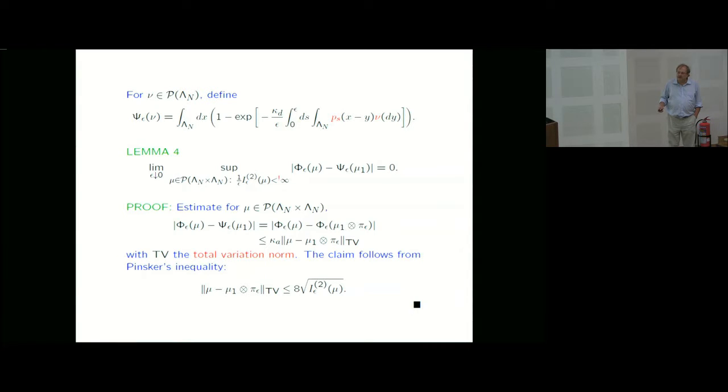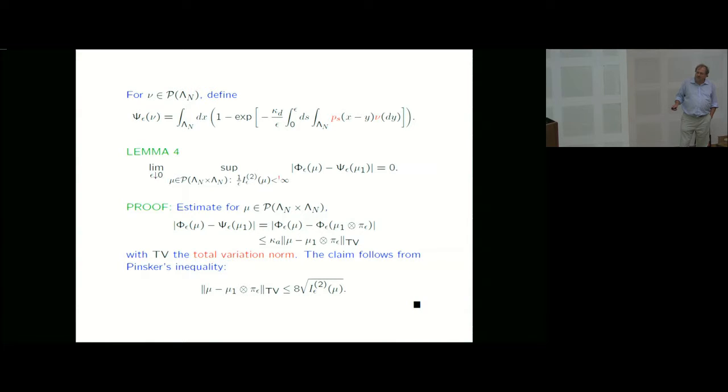But let me not go on this. What you can do is write the difference as a difference of two integrals with exponentials, and then a difference of two negative exponentials is bounded by the exponential of the difference. Then you can estimate this thing by something very simple, the mu minus its left marginal times the heat kernel.